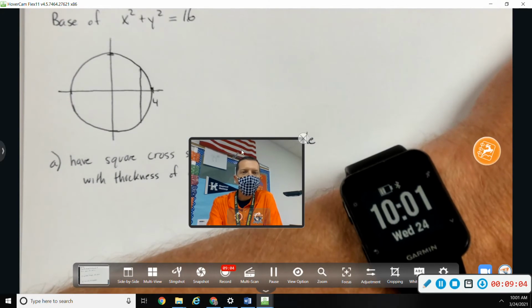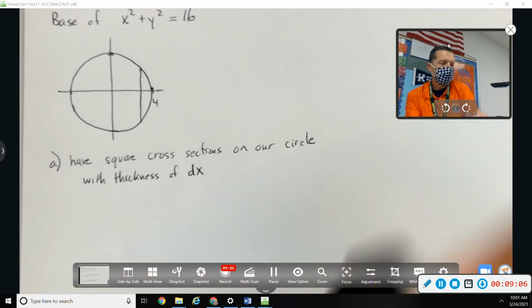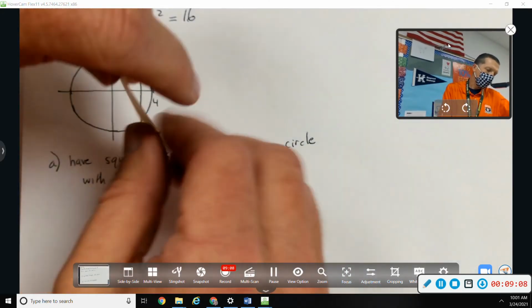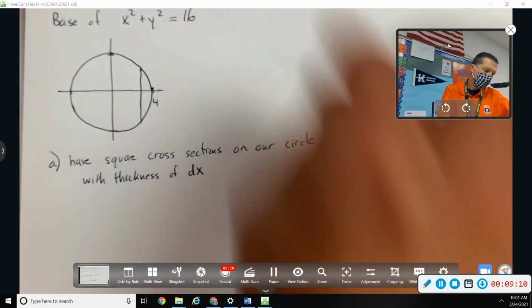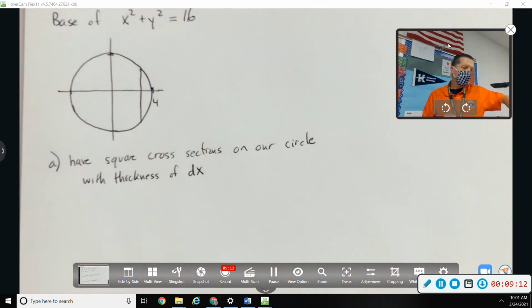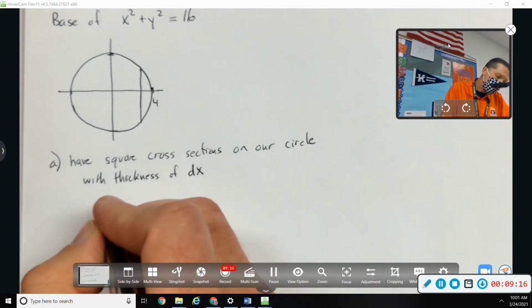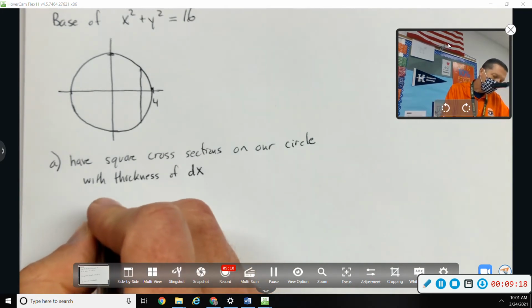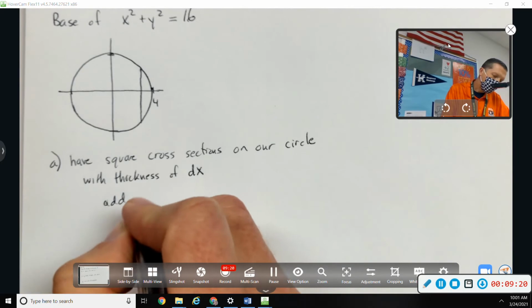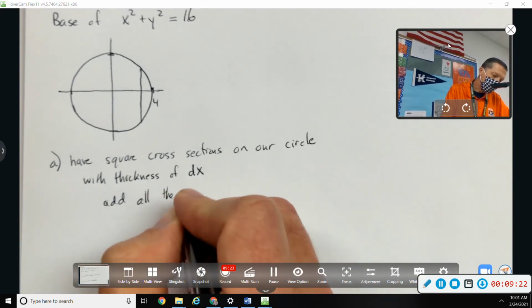All right, so let's go back to our problem now. So we've got these squares coming up out of the page, and we want to add up all of the volumes.